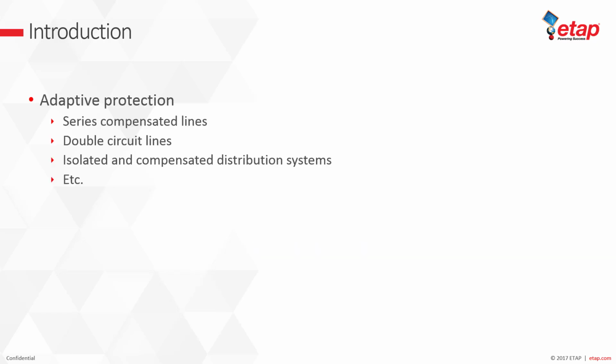There are several applications such as series compensated lines, double circuit lines, isolated and compensated distribution systems, and many more where the protection settings should be adjusted based on system configuration. This also adds another level of complexity by utilizing multiple relay setting groups and manual and automatic switching among setting groups.